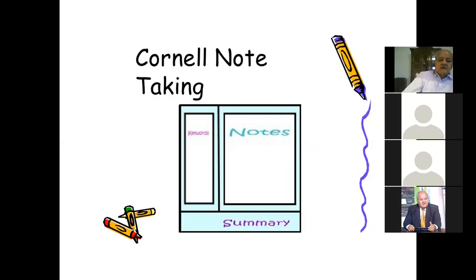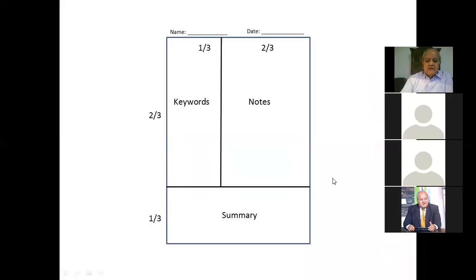Cornell Notes was initiated by Cornell University. It's an A4 paper that is divided like this: 1/3 and 2/3 horizontally, and 2/3 and 1/3 vertically.